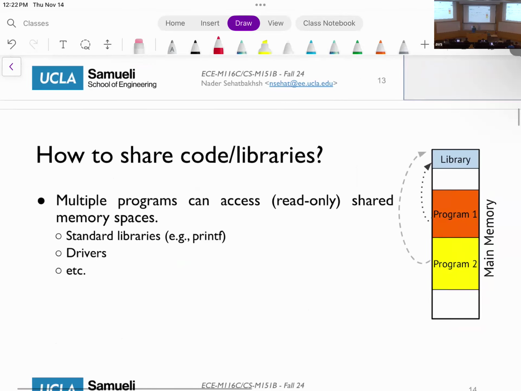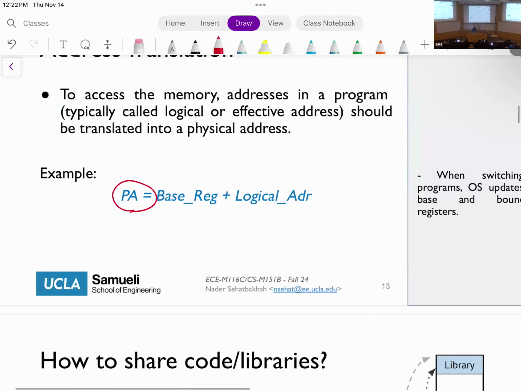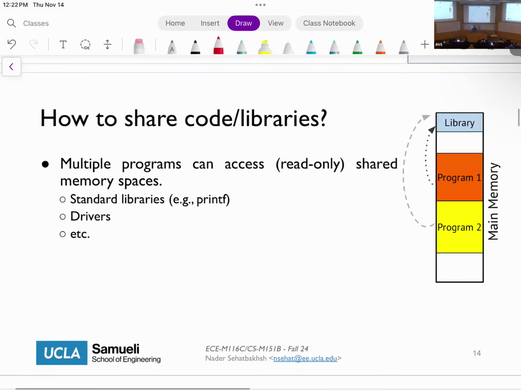Okay, so now that we understood that the simple solution is static partitioning, where I can have a base pointer and a bound check, and this will work fine. And honestly, in many systems, that's actually all you need. There are a few other things that you also need to consider. For example, what if we want to share something between these programs?